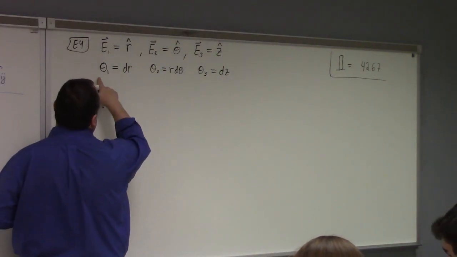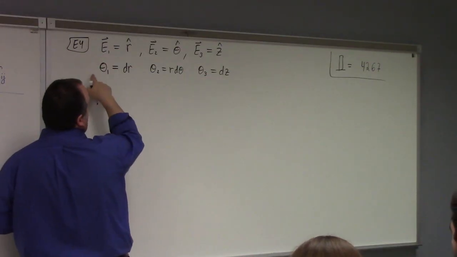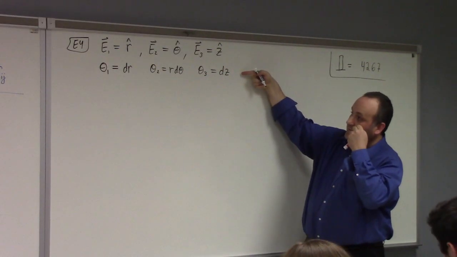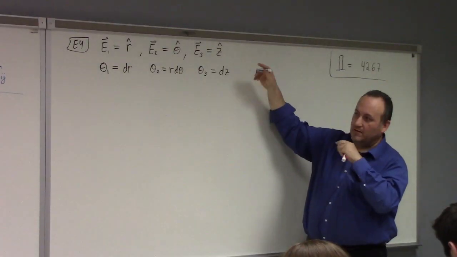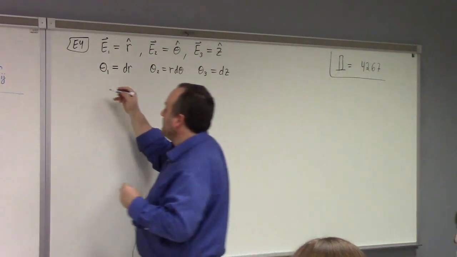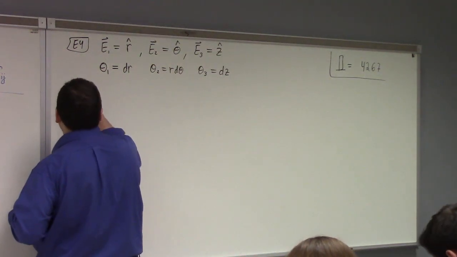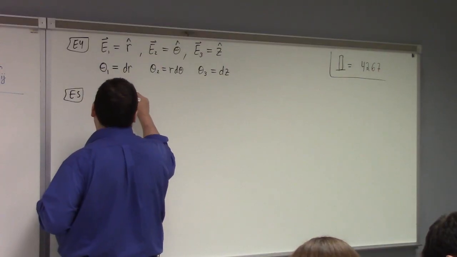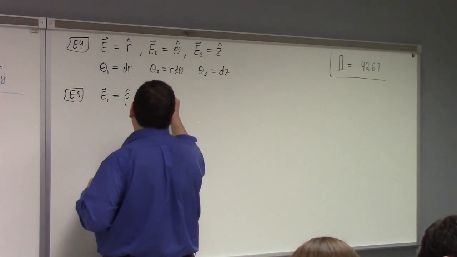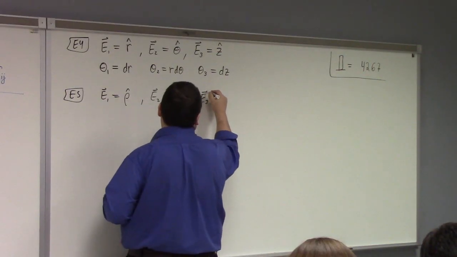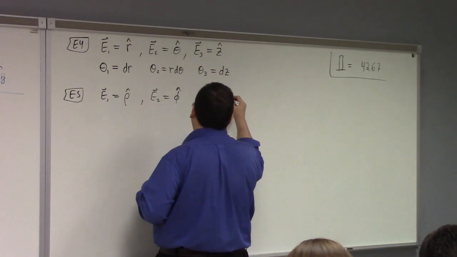So the main point is we need to know that the coframe to the cylindrical frame is this. I don't think that's terribly unnatural, actually. And how about the spherical frame? In the spherical frame, E1 is rho hat, E2 is phi hat, and E3 is theta hat.